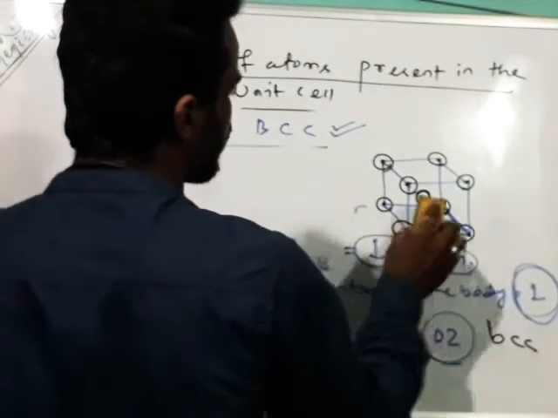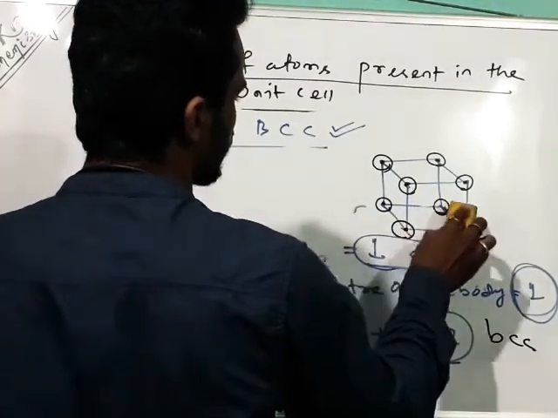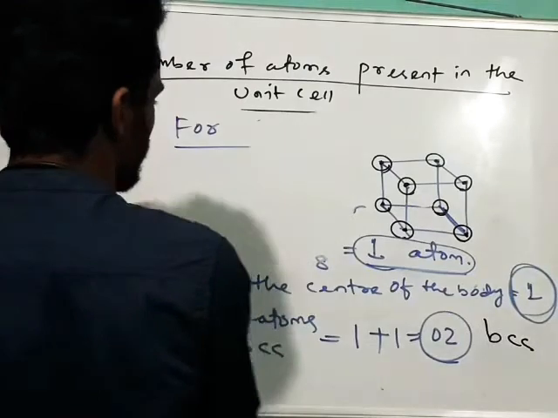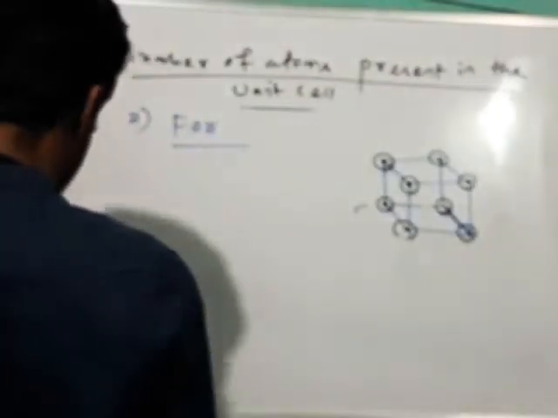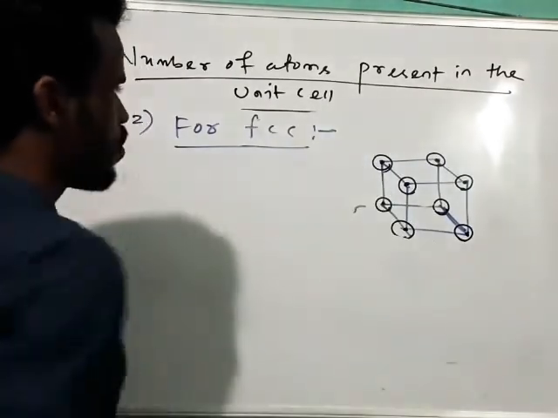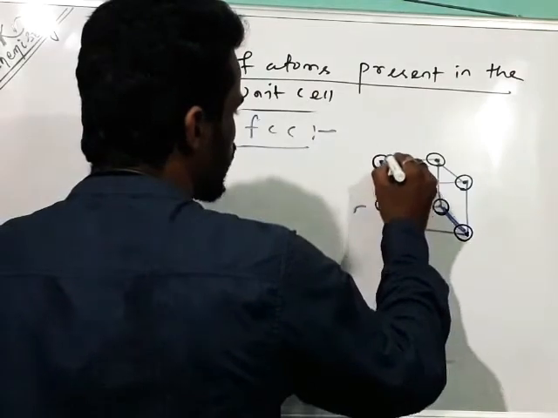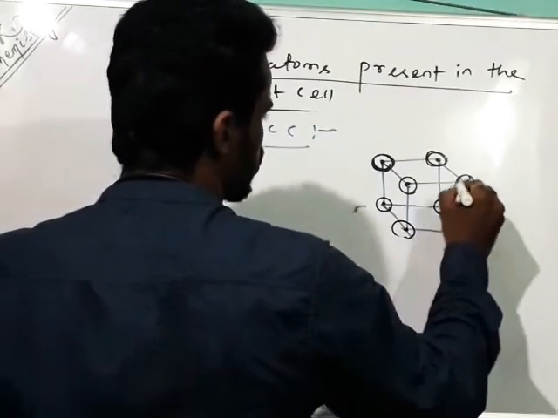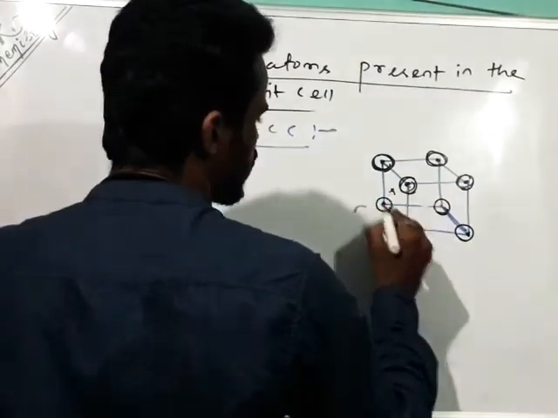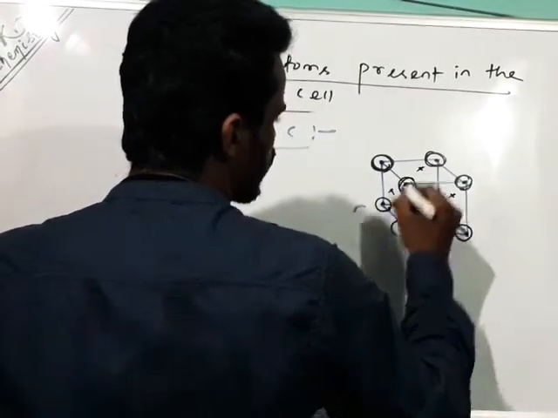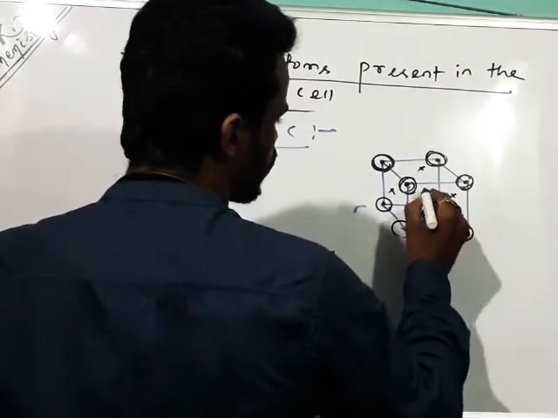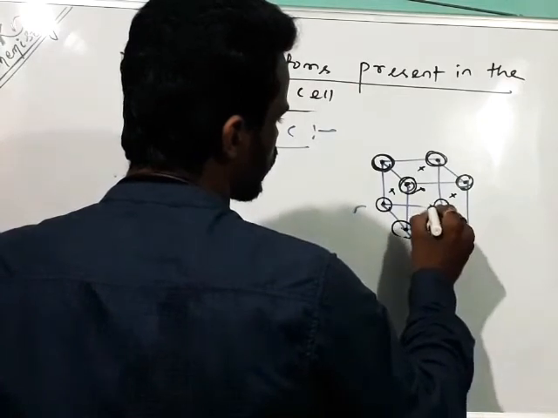And the third one, the last one, is the face centered cubic crystal. As we know, for face centered cubic, as per the definition, atoms are present at each corner as well as at the faces of the cube.